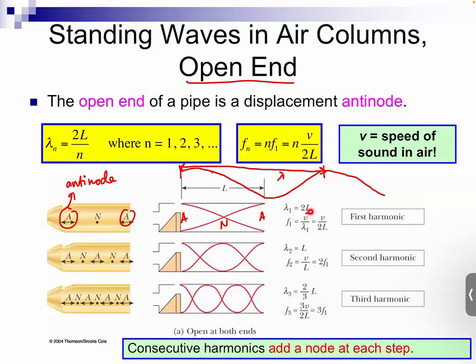The length can accommodate half the wavelength, and therefore the first harmonic in your open end air column will have a frequency of v over lambda, or v over 2L.